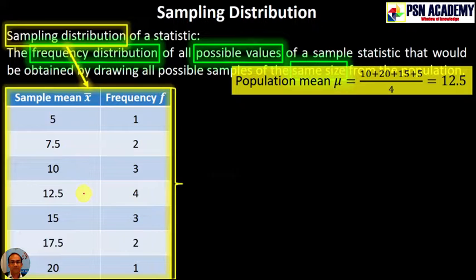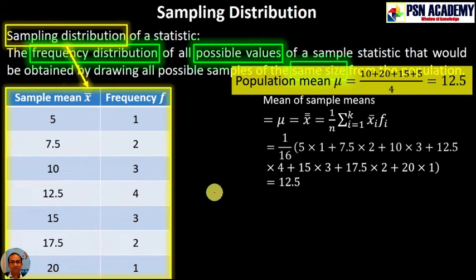Clear? Now this sample mean, what we have here, will have a mean. That means if you consider these sample means as your data, then this list of data will have a mean as well as variance. Now to find the mean of the sample means, we have already shown here that this mean of the sample means is equivalent to the population mean, that is mu, right?